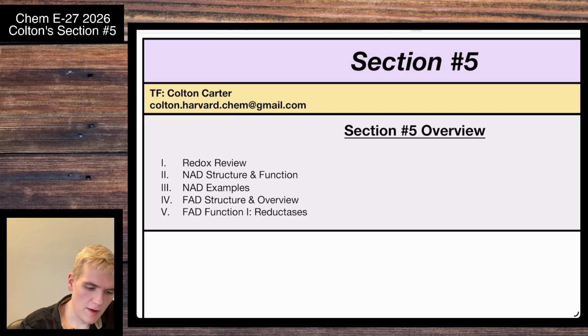Okay, so we need to get one of these hydrides onto this carbonyl. So we start by pushing from this bottom nitrogen. We are going to restore aromaticity. Then we need to kick off our hydride. It's going to come up and attack the carbonyl.